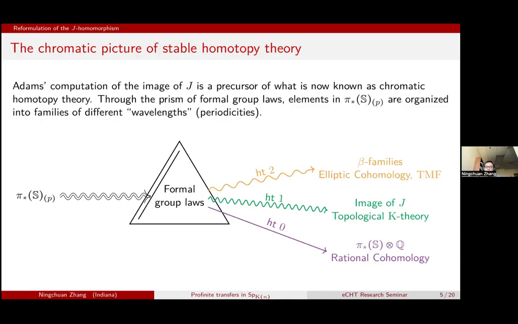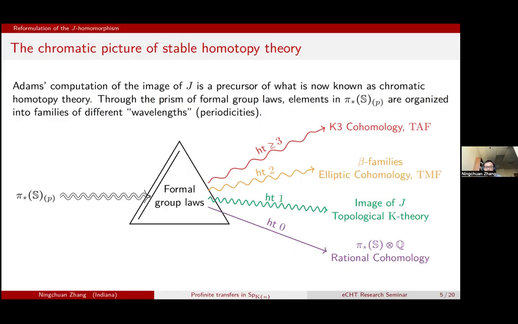At height 2, you'll see words like beta families, elliptic cohomology, and topological modular forms. At height 3 and above, you'll see words like K(3) cohomology and topological automorphic forms. Don't ask me anything in depth about what happens at height 3 and above. I'm just saying some words that I have very limited knowledge of. So this is roughly the chromatic picture of stable homotopy theory.